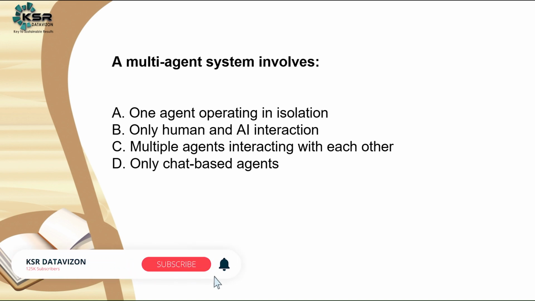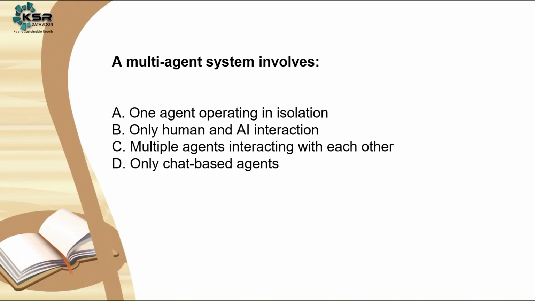Option B, only human and AI interaction. If I'm talking about a multi-agent system, it is not only human and AI, right? In our example also we are using multiple agents. Option D, only chat-based agents. It is not only chat-based, you understand, right?